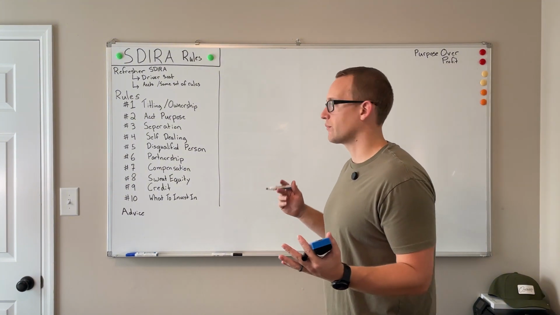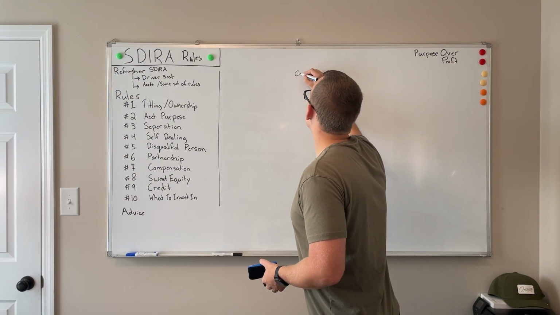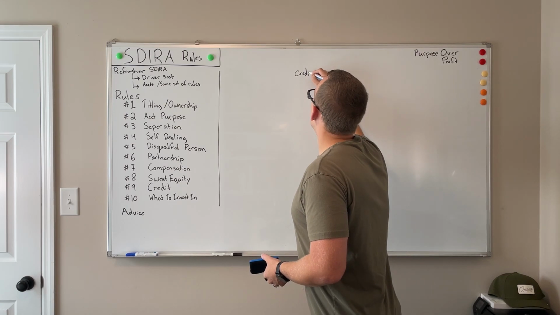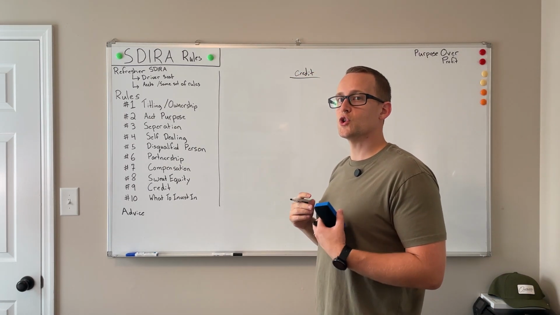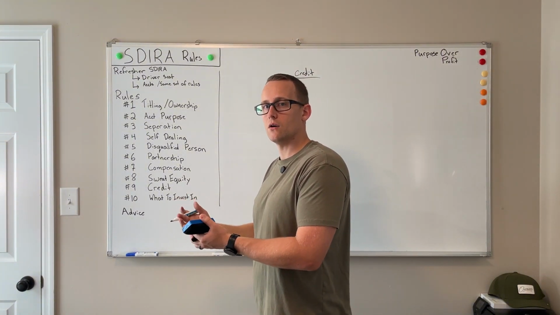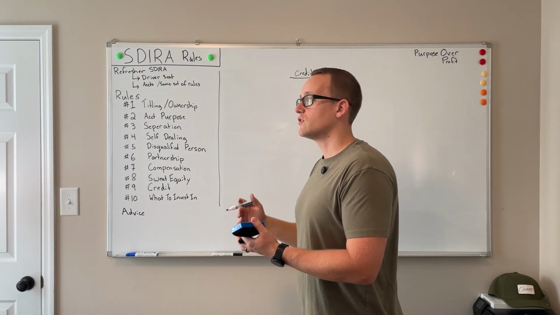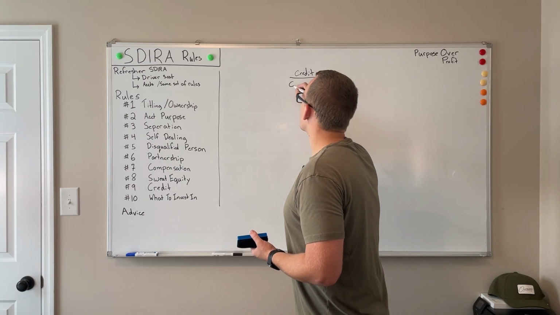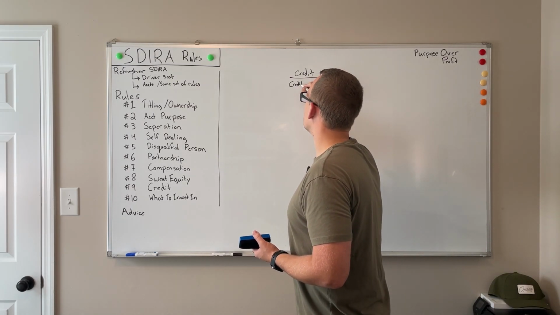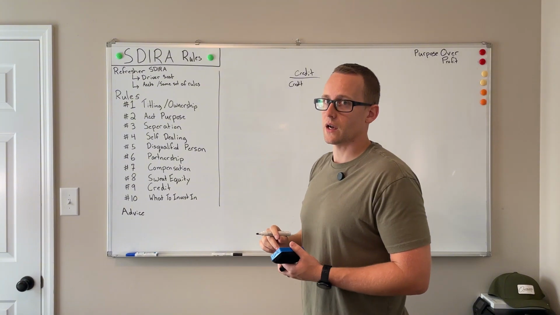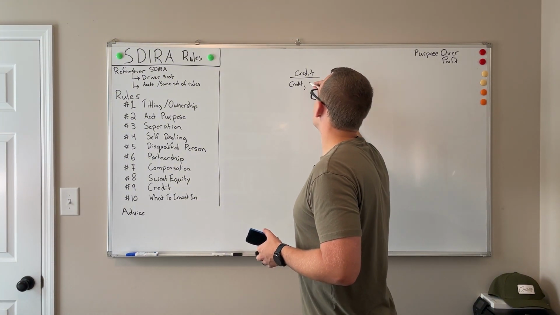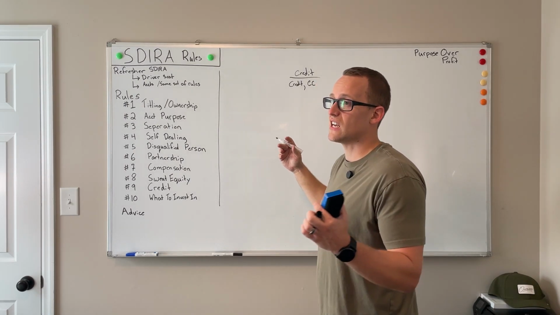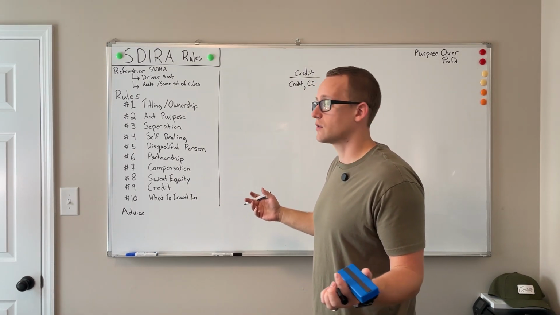Now, you're probably not surprised by this, but when it comes to self-dealing, you cannot be the personal guarantor for that loan in any way, shape, or form. Therefore, you cannot use your credit score to get a loan. Everything has to be for that retirement account. So you can't use your credit. You can't use a personal credit card. You can't use any credit card because that's going to use your credit score.